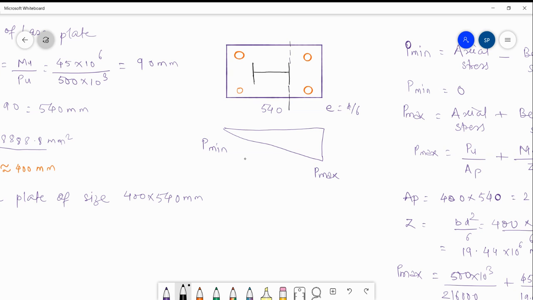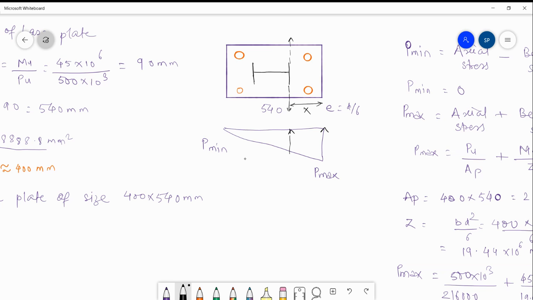So this is the location of critical section, and the remaining portion will behave as a cantilever or overhanging portion. Whatever upward pressure is acting will cause bending moment at critical section, and to resist that bending moment, thickness of base plate is to be provided. So we will have to first calculate that X value.